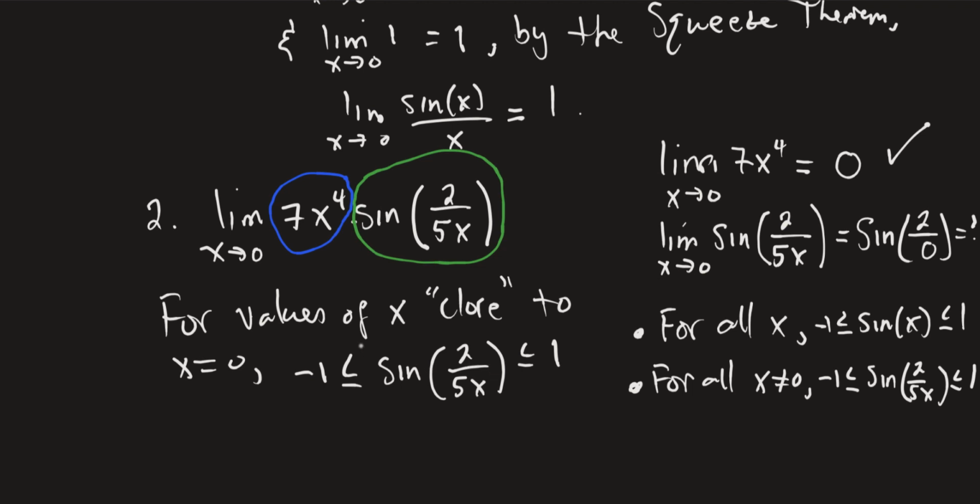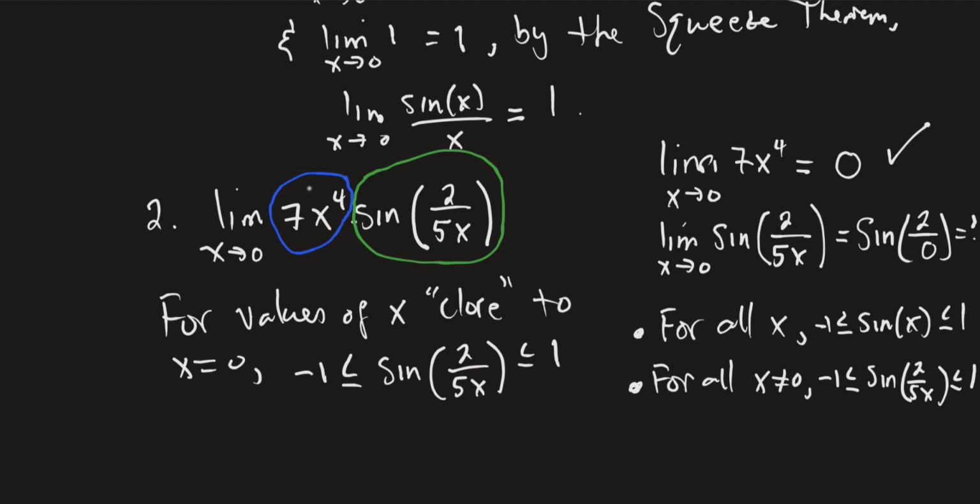Now what we can do is, your 7x to the 4th, for all values of x, is greater than or equal to 0.